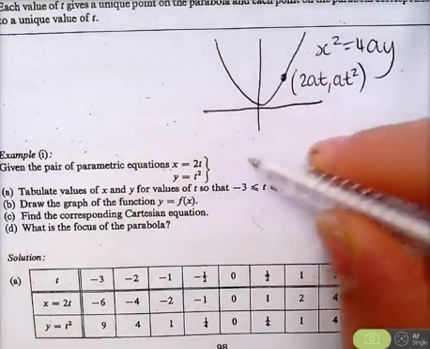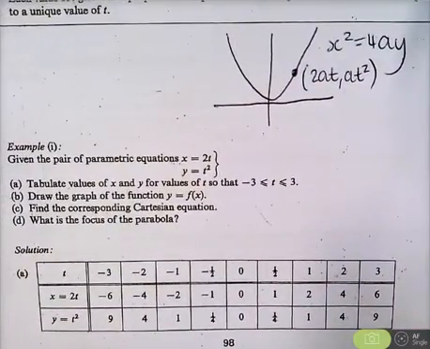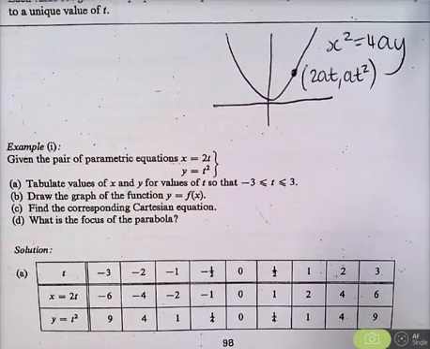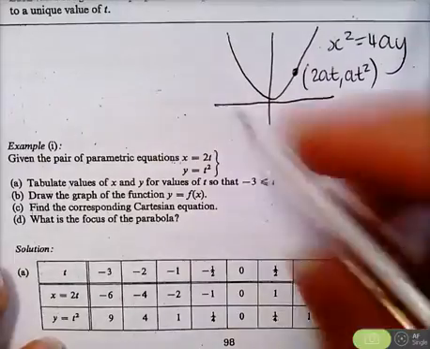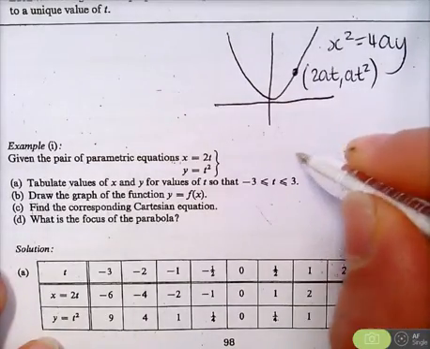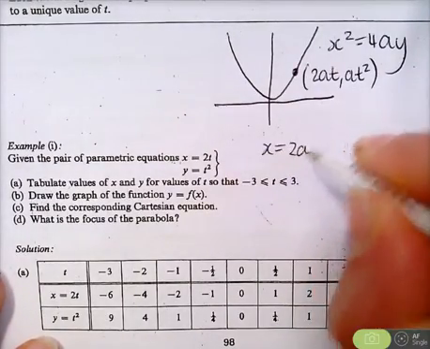All right. Now, if you look at example 1 down here, x is 2t, y is t squared, and you know it's supposed to be x is 2at, y is at squared. Just by looking at it, can you tell me what the parabola is? You know how x is 2at? But this is not.